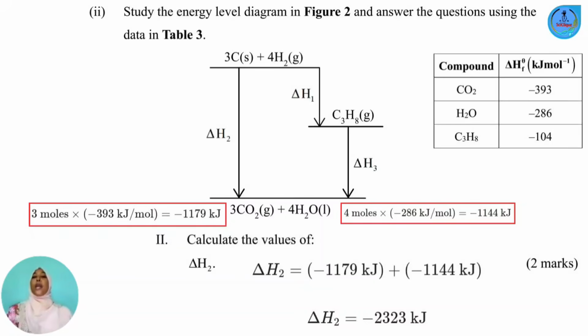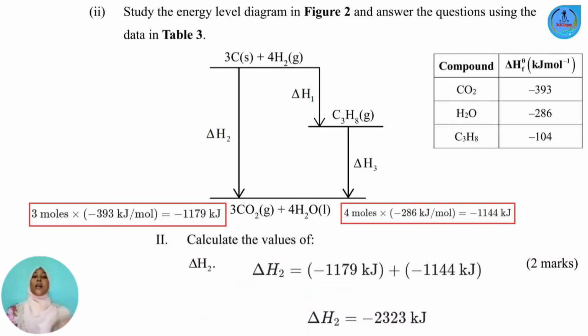And we are also looking for the enthalpy change whereby 4 moles of hydrogen reacted with oxygen to give us 4 moles of water. So these two combined will give us what we are terming as delta H2.